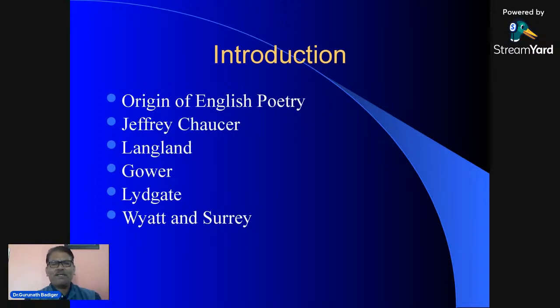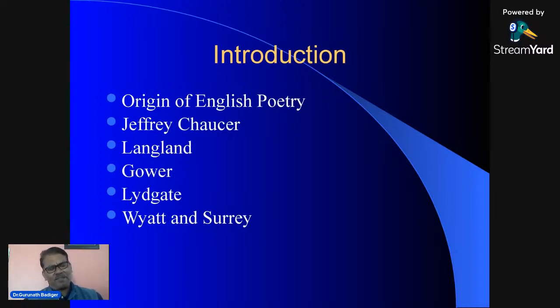So obviously, in English culture, we talk about the origin of England and the origin of the English language in the 6th and 7th century. We talk about the Old English period, the Middle English period between the 11th and 15th century, and then the Modern English period.